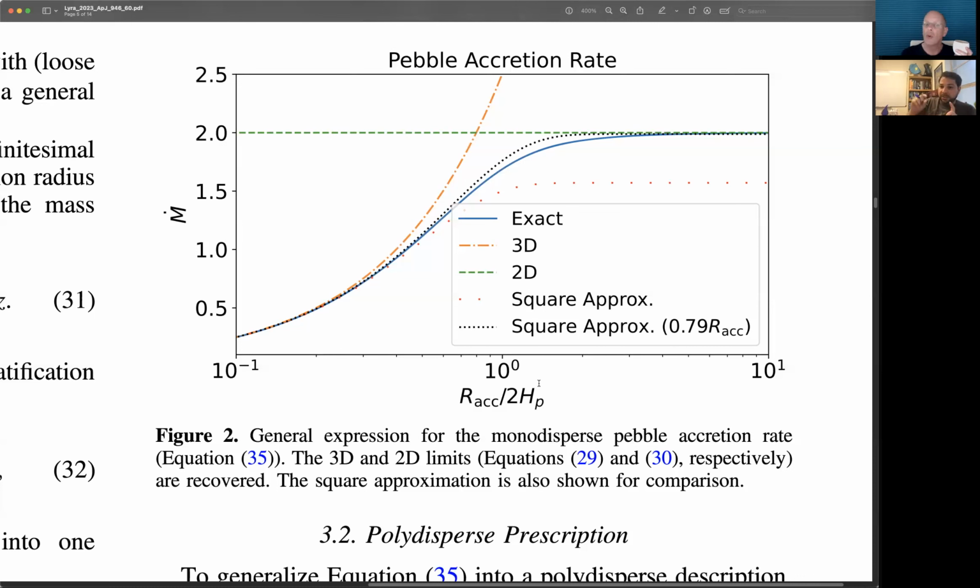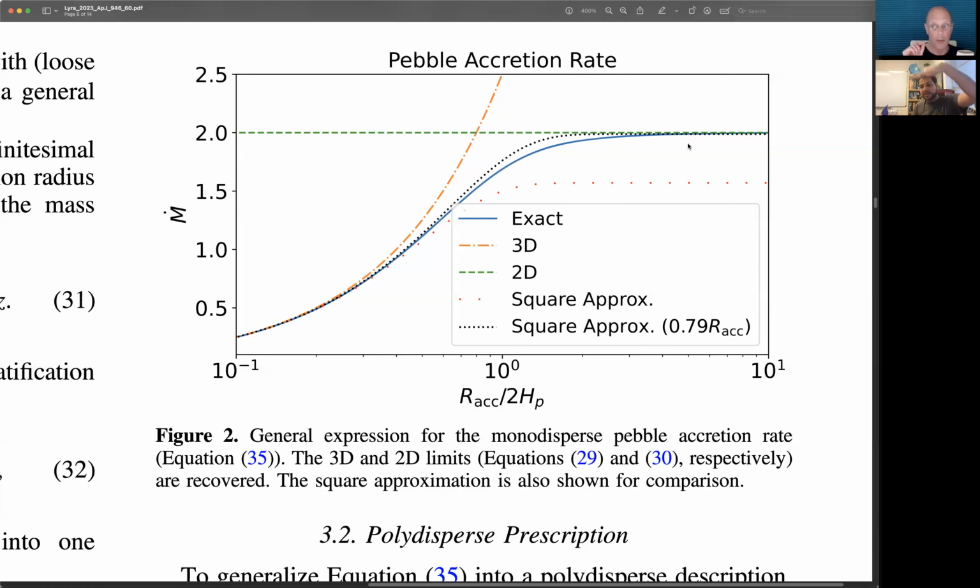So in the 2D limit, what is going on is that the pebble column is very, very thin, so thin that essentially the protoplanet is accreting a line, going through the distribution of pebbles and accreting.